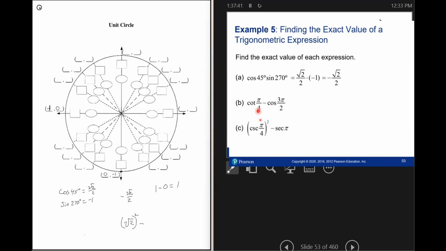And so we're going to be subtracting a -1 because secant is 1 over -1. Well, this gives me 2 plus 1, minus the negative is plus. All right. And 2 plus 1 is 3.